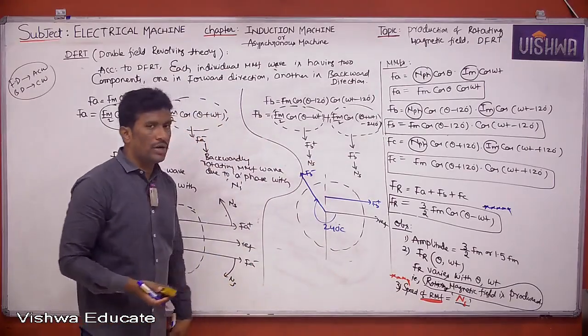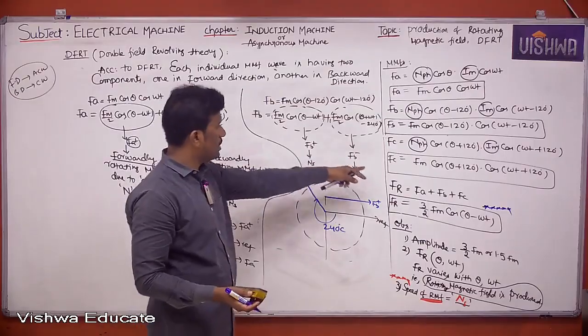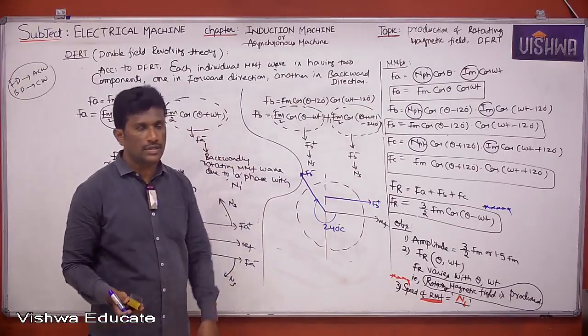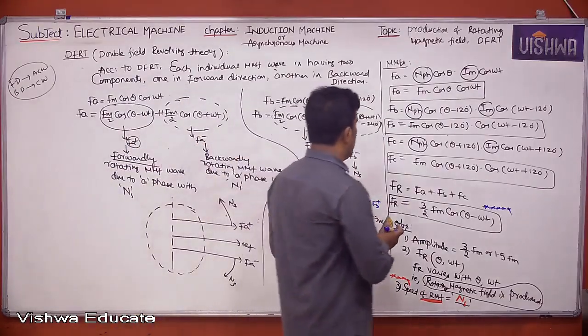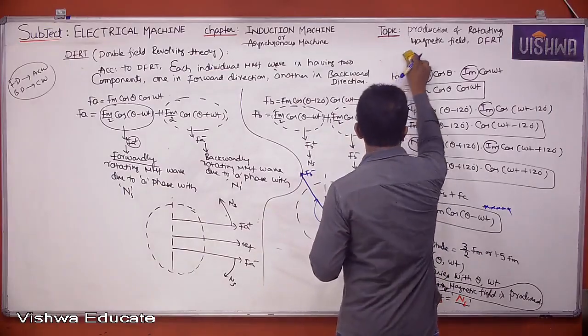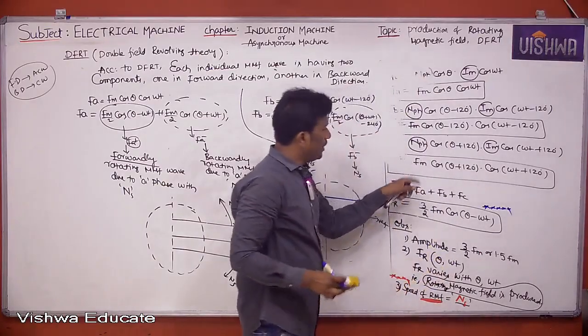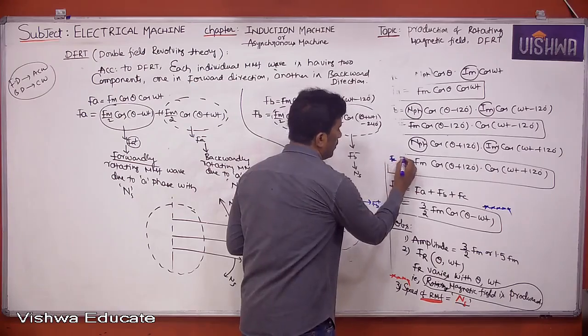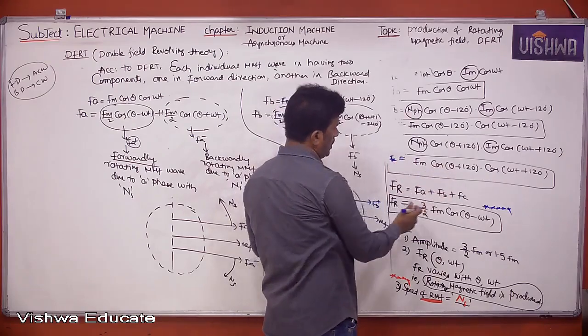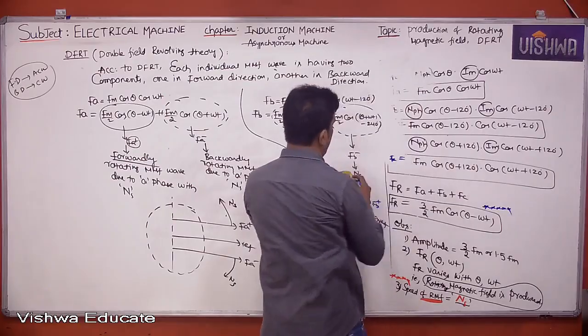Similarly, let me go for FC components also. I'll divide into FC plus and FC minus. Then I'll get the resultant one. So this one I'm writing FC.